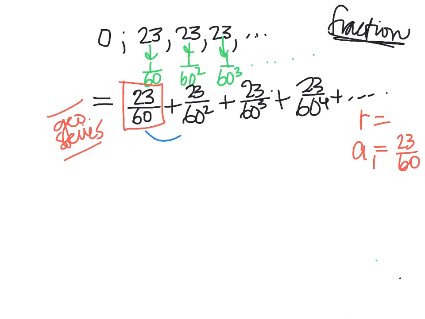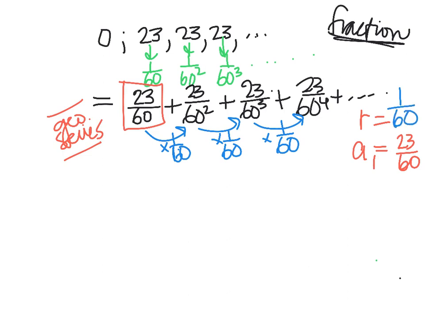Well, as I move from here to here, I'm multiplying by a factor of 1/60. Just like before, I was multiplying by a factor of 1/10. So every time I move from the first term to the second, or the second to the third, and so on, I'm multiplying by the same amount. That means this is a multiplicative relationship. We have a common ratio, and that common ratio is going to be 1/60.